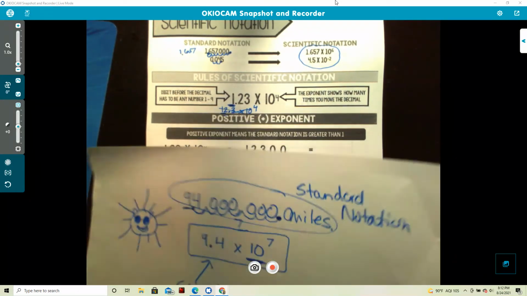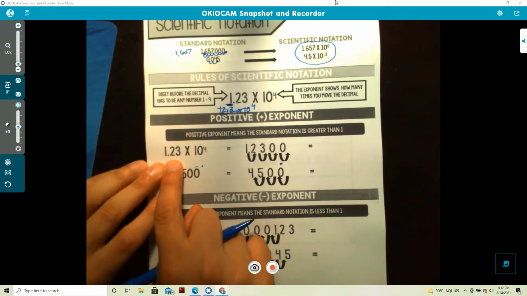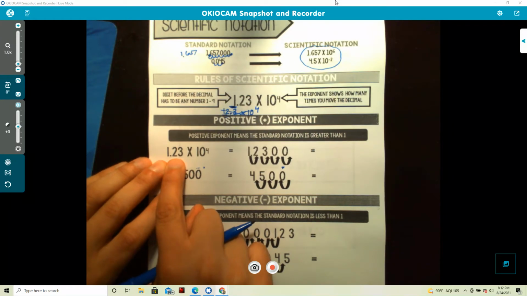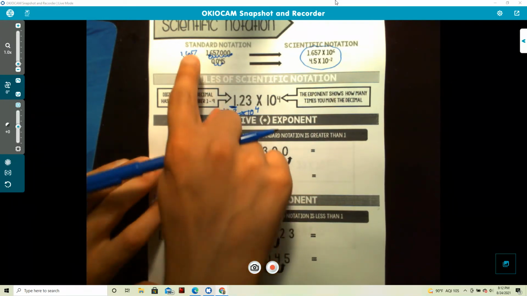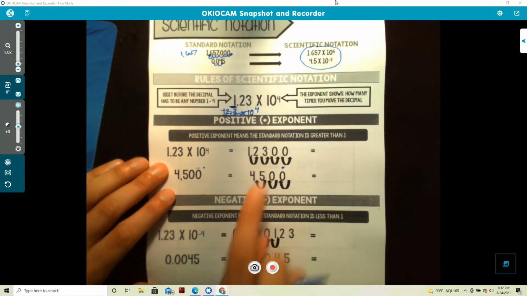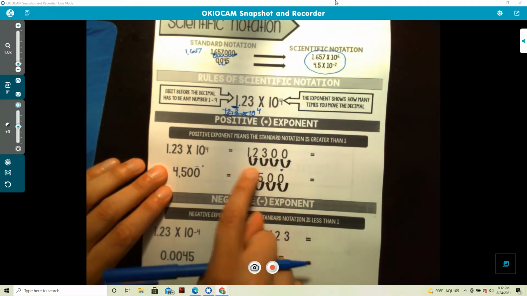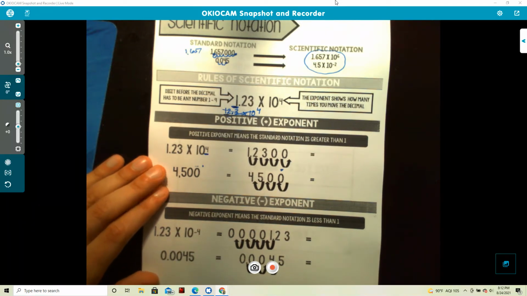All right, let's look at some others. This time we're given the scientific notation. So instead of going from standard to scientific, we're going from scientific to standard. They say it's moving to the right. It is going to move to the right because we have a positive exponent. So we need to express a number that's greater than 1.